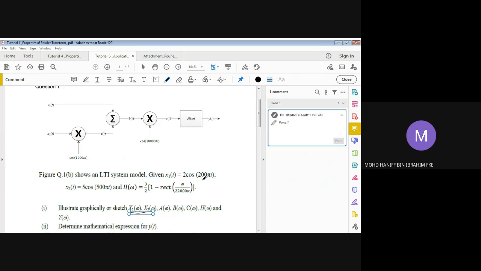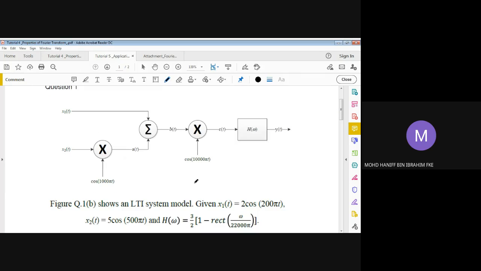x1(t) is given by 2 cos(200πt), yeah? This is the one. So based on this Fourier transform, you can refer to the table of Fourier transforms for 2 cos(200πt).